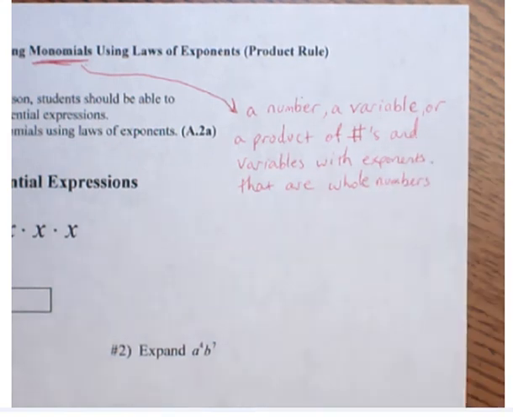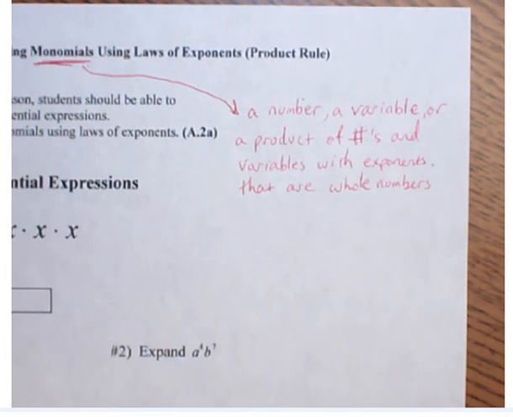So a monomial is a number, a variable, or a product of numbers and variables with exponents that are also whole numbers.